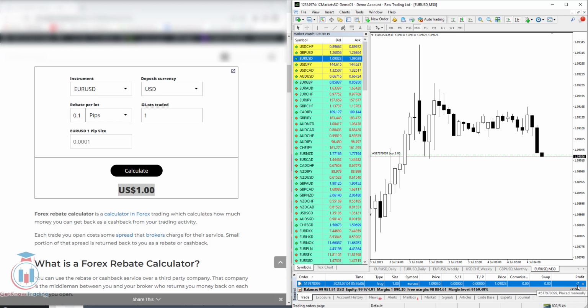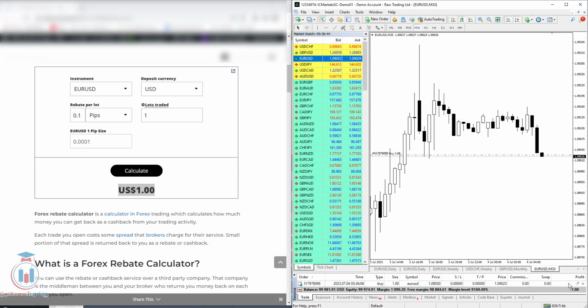So if you have a broker that gives you a spread 0.6 pips, that will mean that you will pay for the broker for the trading $6. So for example, if you trade one lot and you have a company that gives you 0.1 pips back for one lot, that means that he will give you back $1.